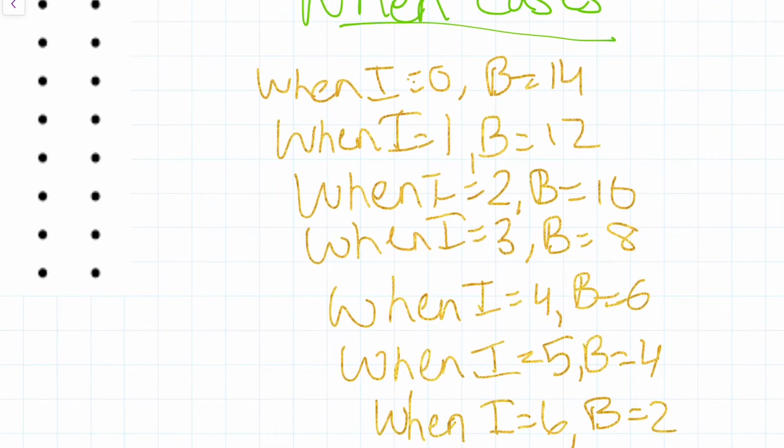Okay, so when I equals 0, any polygon can have 0 interior, 1 interior, 2 interior, 3 interior.